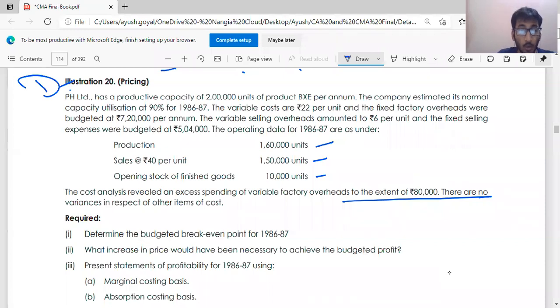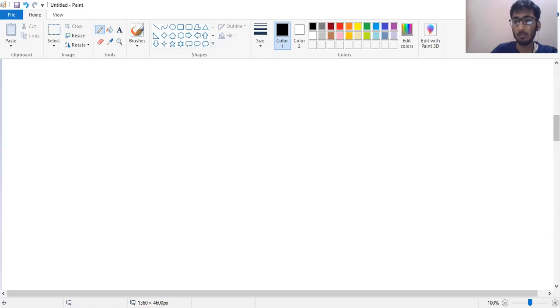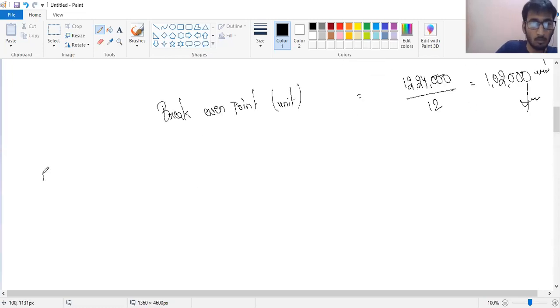Now, the second part: what increase in price would have been necessary to achieve the budgeted profit? Okay, so let's calculate the budgeted profit first. We are given the budgeted data.